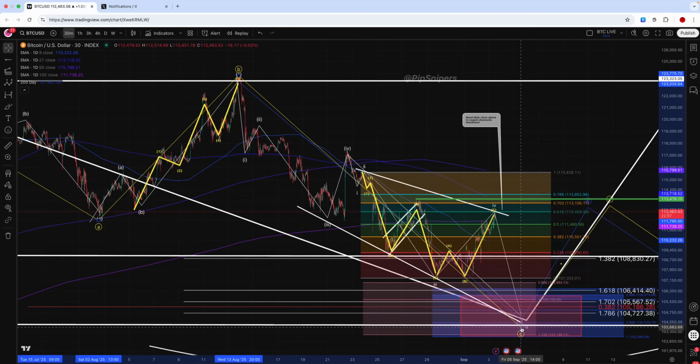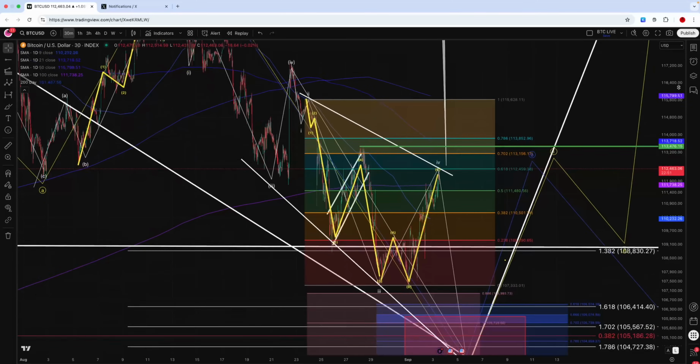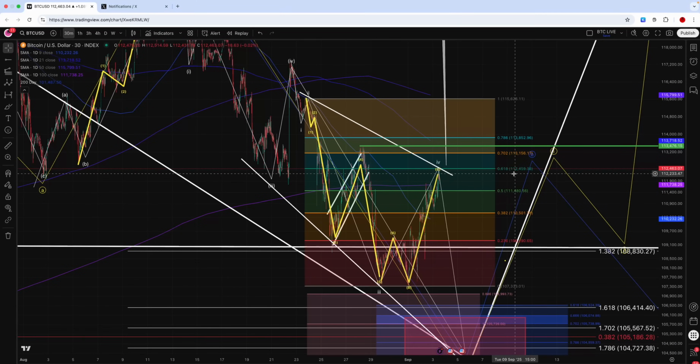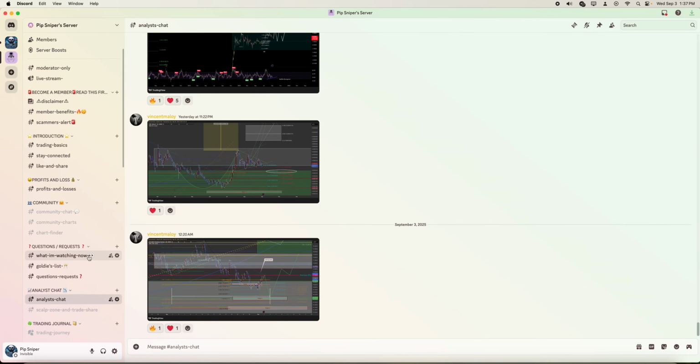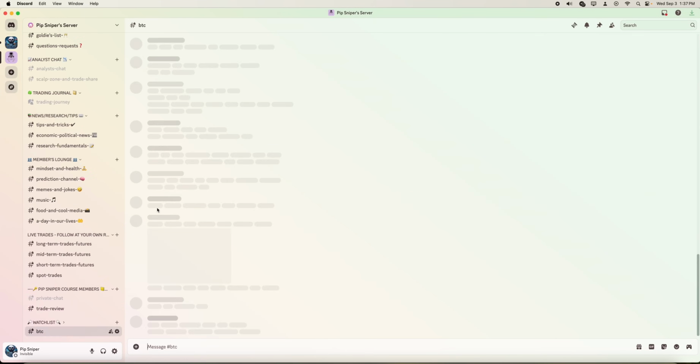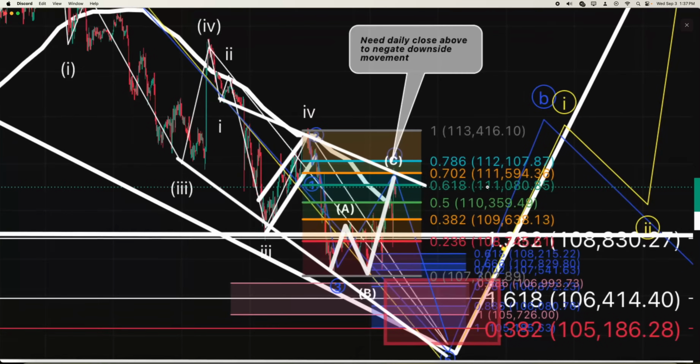Now the question is, is this C wave already complete? The only way to determine that is to see a move above 112,459. Yesterday, let's take a look at yesterday's post. Okay, so I did say I'd want to see a move above 112,107.